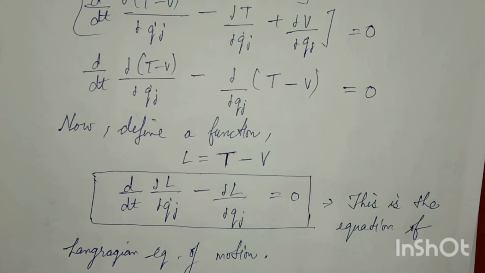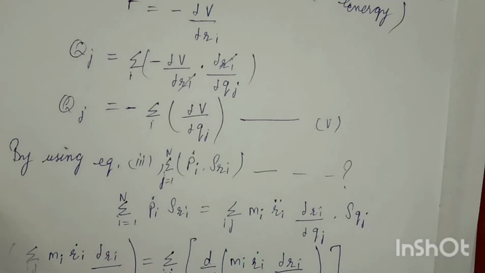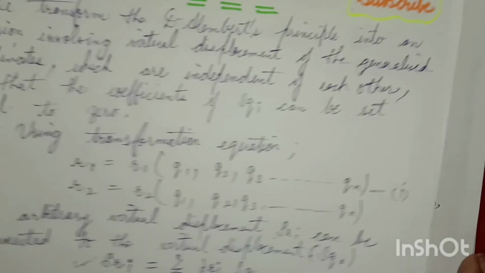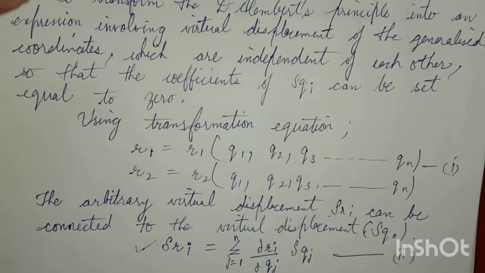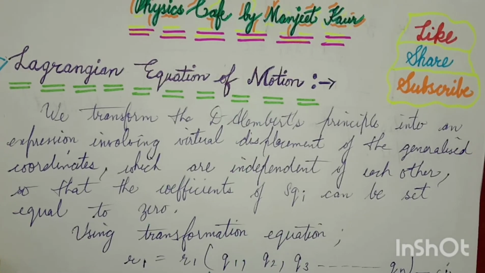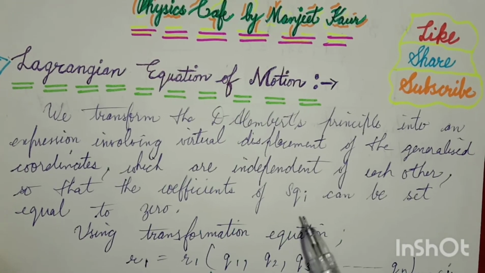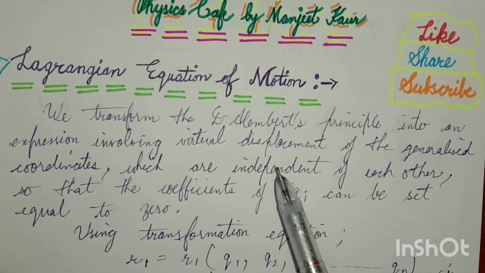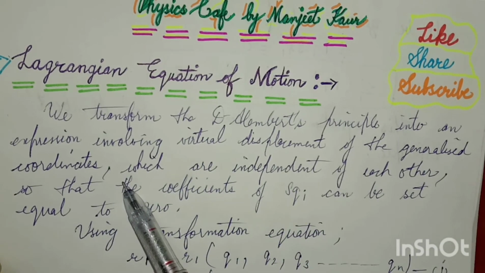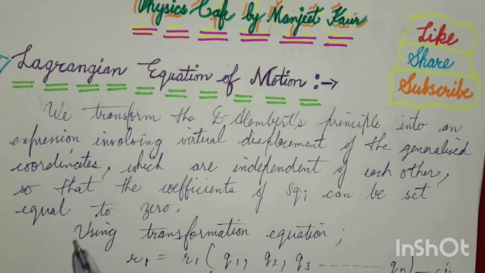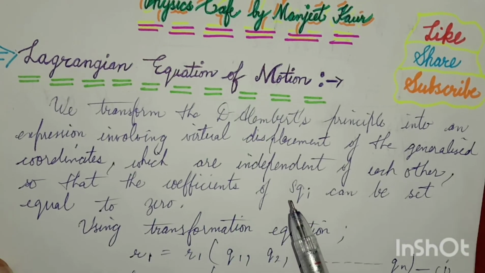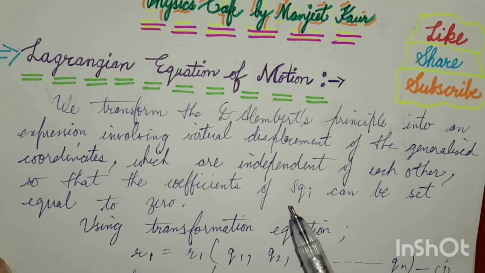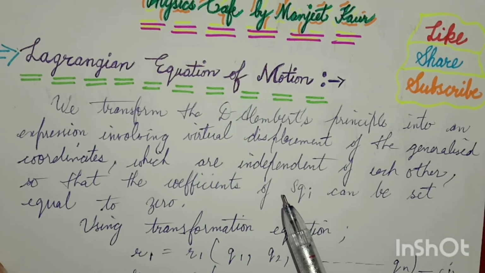First, once again we can revise. We take Lagrange's equation of motion, in which we use D'Alembert's principle, which involves virtual displacement of generalized coordinates, so that they behave like independent coordinates, because independent coordinates are free from constraint.